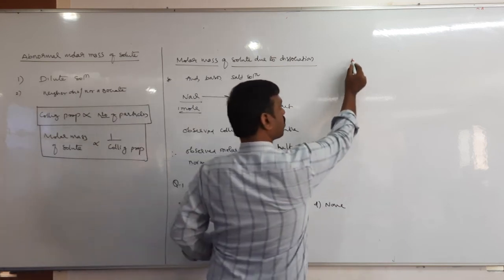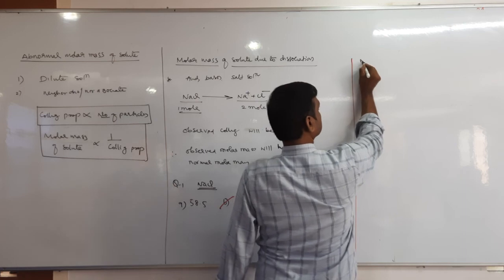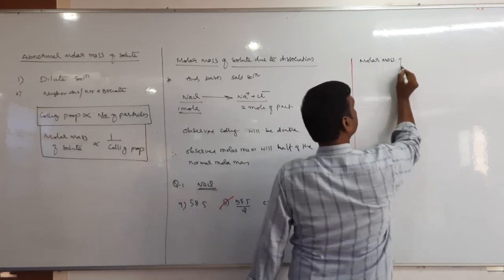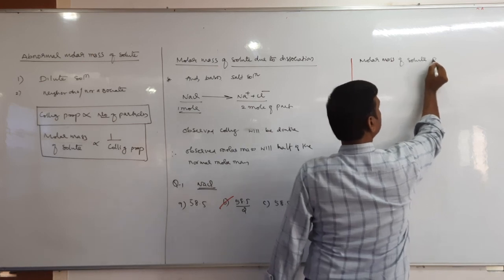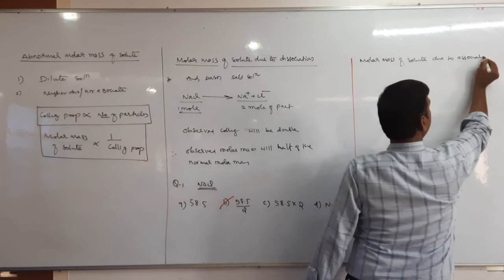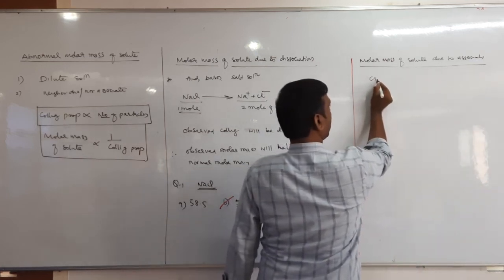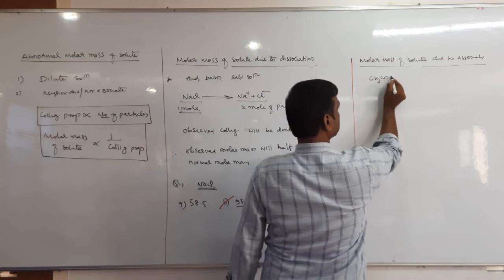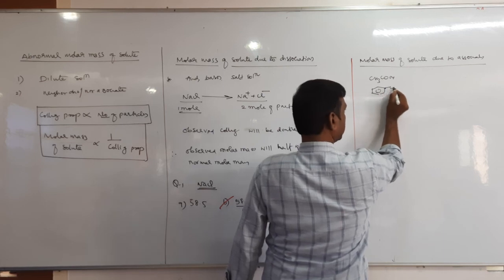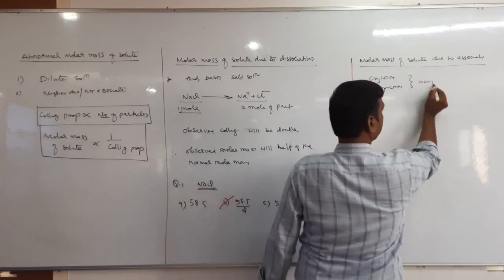Next is molar mass of the solute due to association. Generally, substances like carboxylic acids, even benzoic acid, undergo association in a non-polar solvent like benzene.